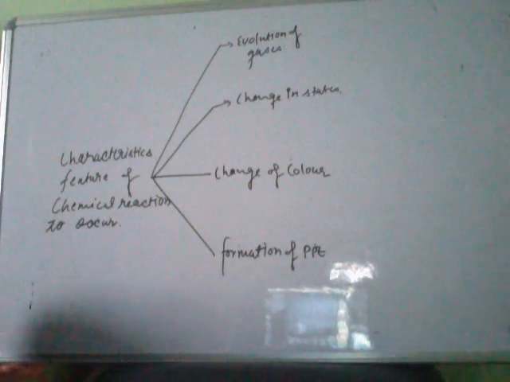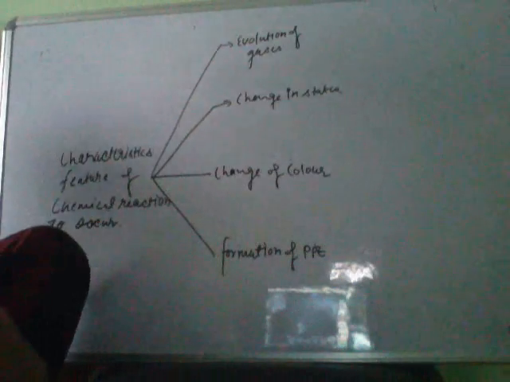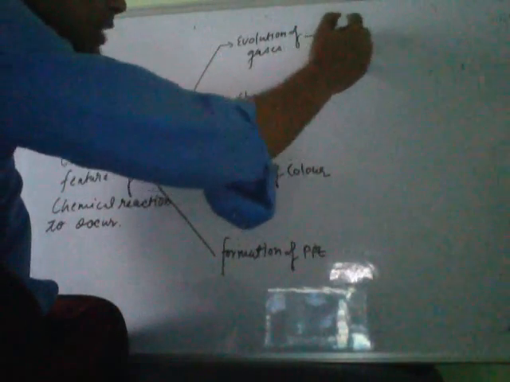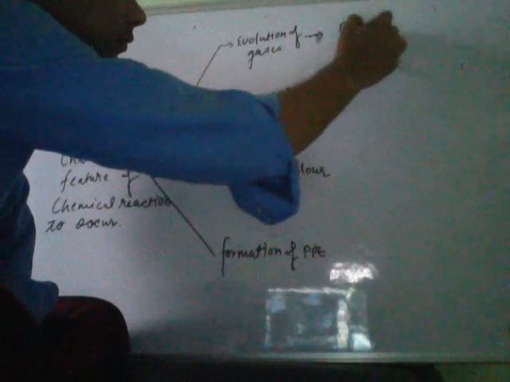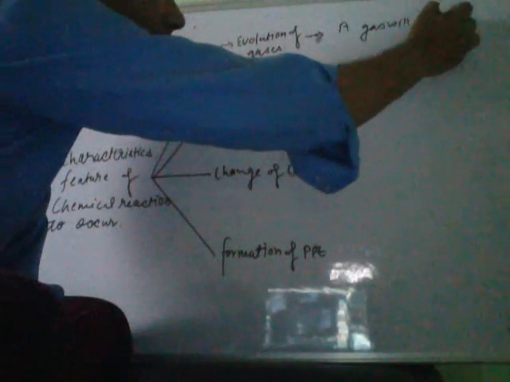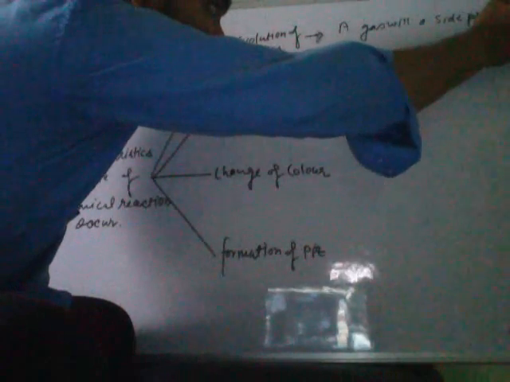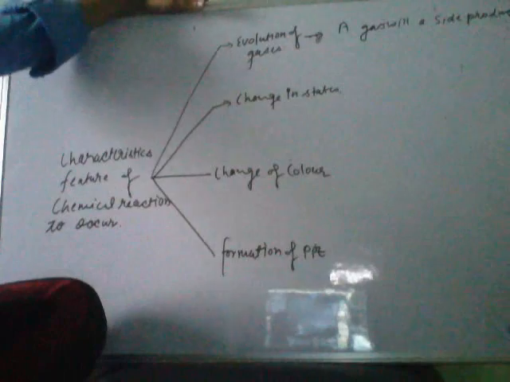Few chemical reactions are there where the evolution of gas is the characteristic. A gas will form as a side product. So evolution of gases means a gas will always be a side product.